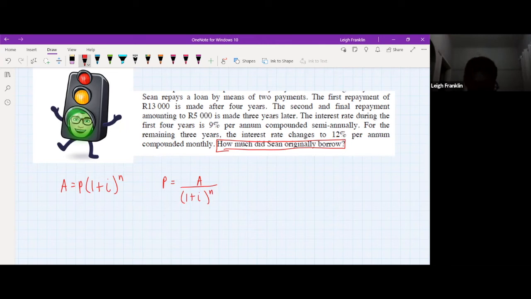Now, if you've done financial maths at school, you would have sometimes seen, especially with present value, that we can use a negative exponent. So what you might see is this. Does that make sense? If not, I can explain it.